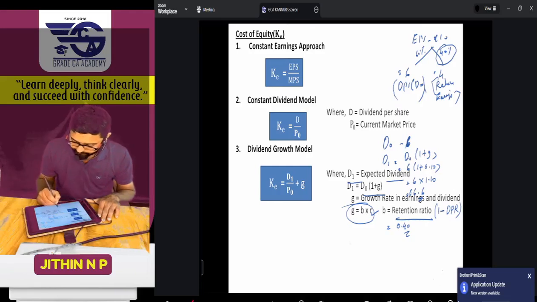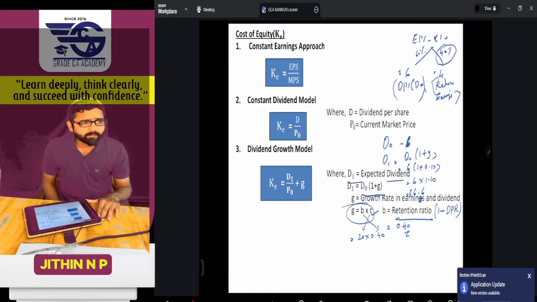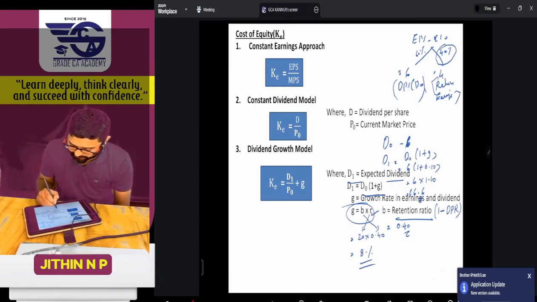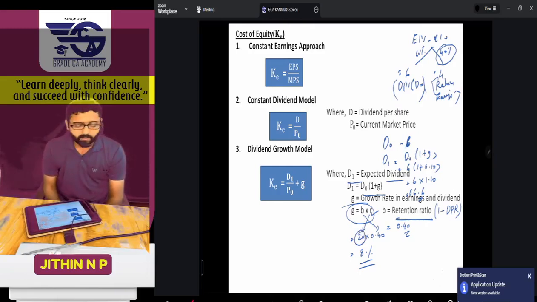Then the growth rate will be 20 into 0.40, since the retention ratio B is 40% and the return is 20%. 20 into 0.4, 8% is the growth rate.